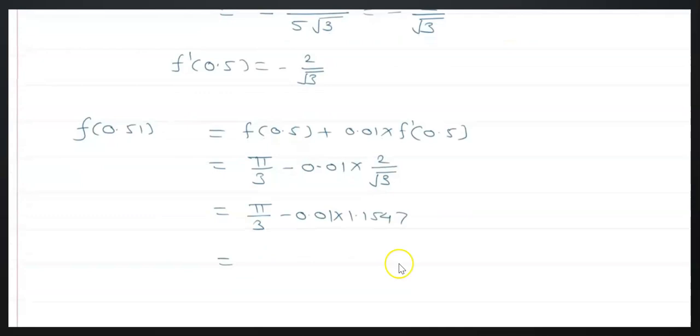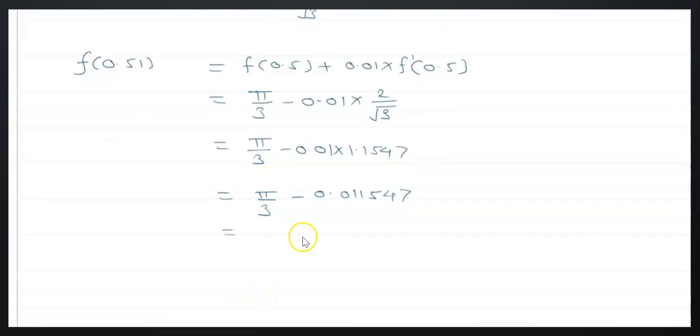The value of 2 upon root 3 is 1.1547, and its calculation is pi by 3 minus 0.011547.